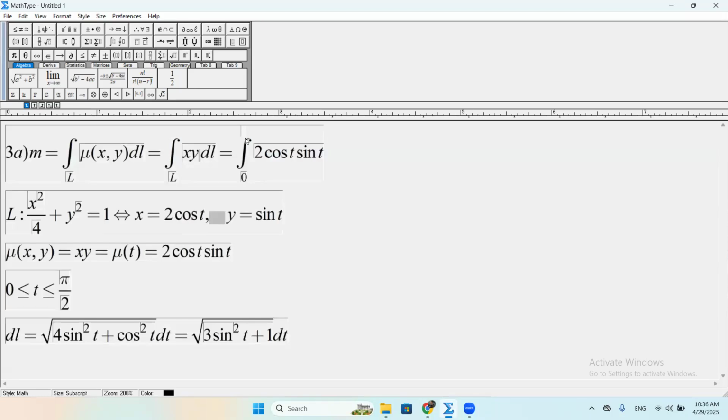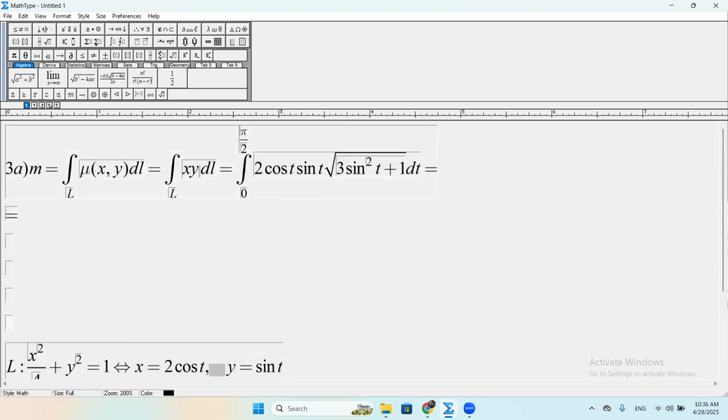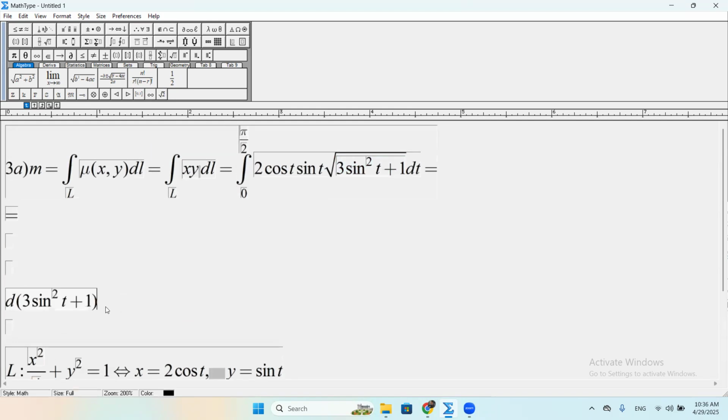How can we simplify it? So we have the following stuff. It looks complicated, but we will use the differential technique. How will we use it? We can differentiate the expression under the square root.